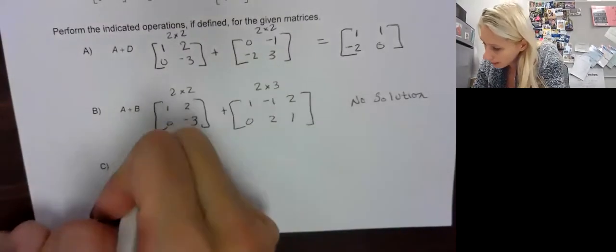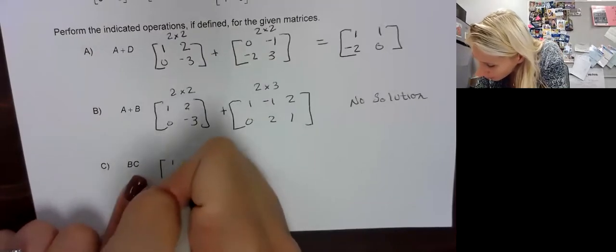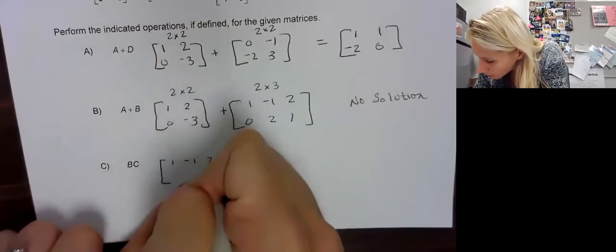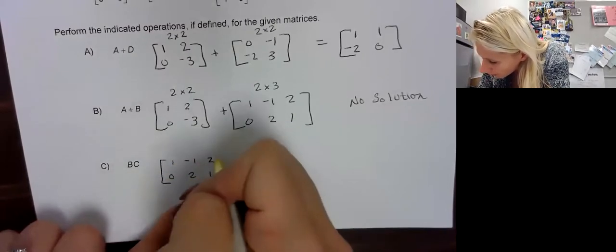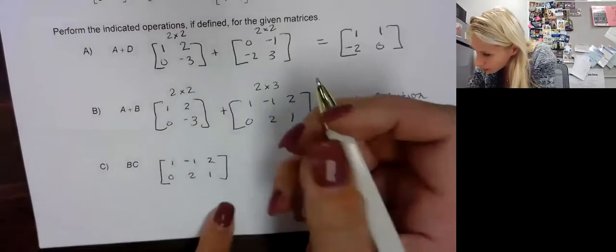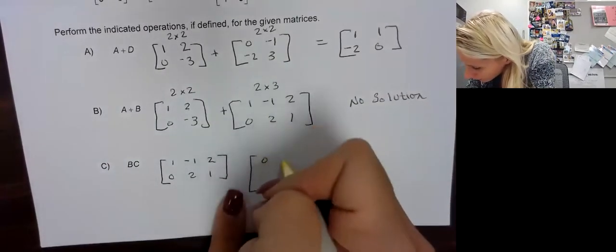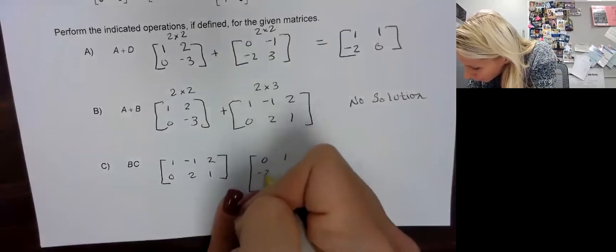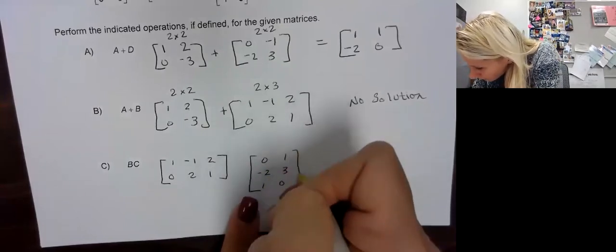All right, B times C. I'm hoping, guys, that this works because I don't have enough room to write all my work down. So there's B. And then we have C, so 0, 1, -2, 3, 1, and 0.